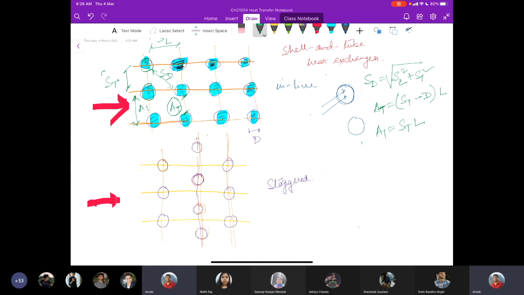But the question now is how do we calculate the Reynolds number for such an arrangement? Can anyone prompt?